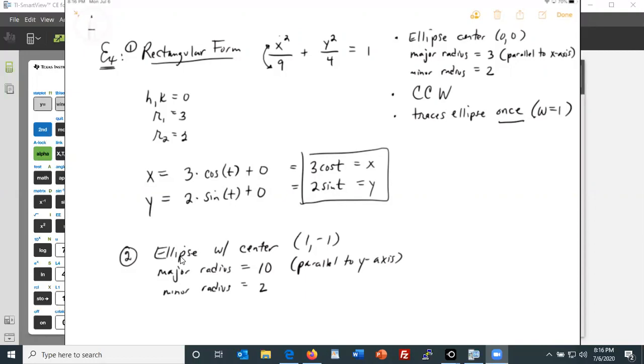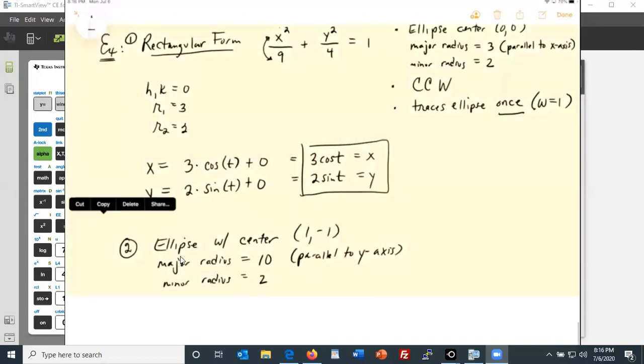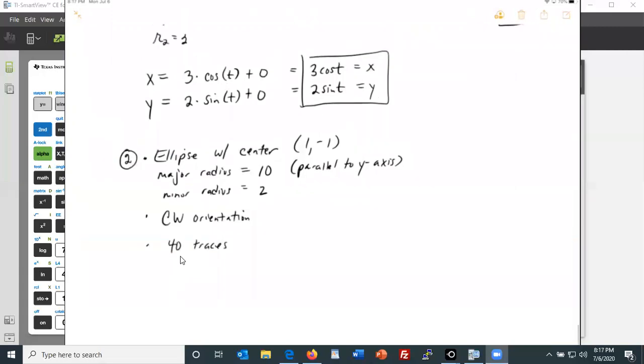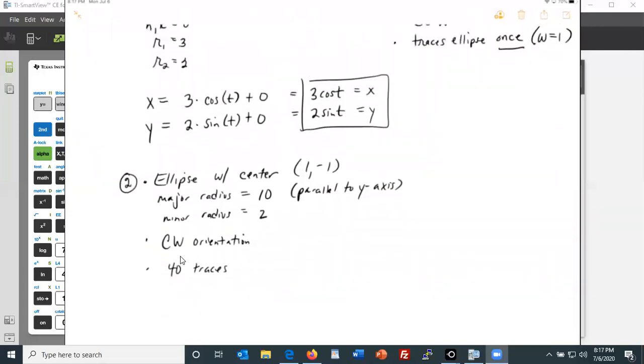Now, we don't have to write what it's parallel to. I think we know it would be parallel to the x-axis. Let's say this goes clockwise orientation. So when you trace the ellipse, you'll trace it clockwise. And let's say it traces, how about 40 times? So that ellipse will get traced 40 times as a result.